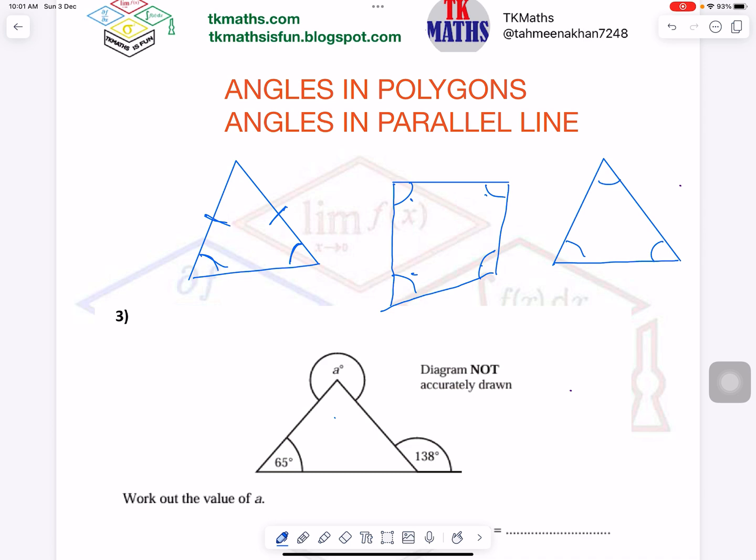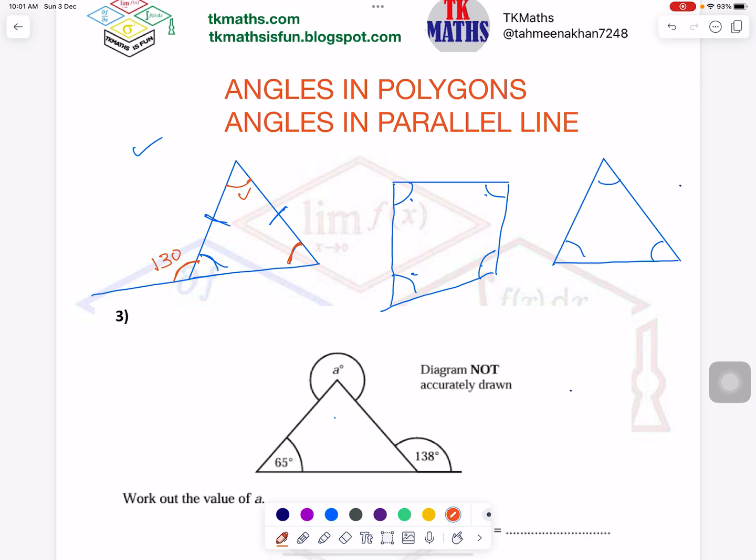And today I will tell you one more property. In a triangle, suppose I'm talking about this triangle, if there is an extension outside, then this angle, let me call it for example 130 degrees, will be equal to the sum of these 2 angles.